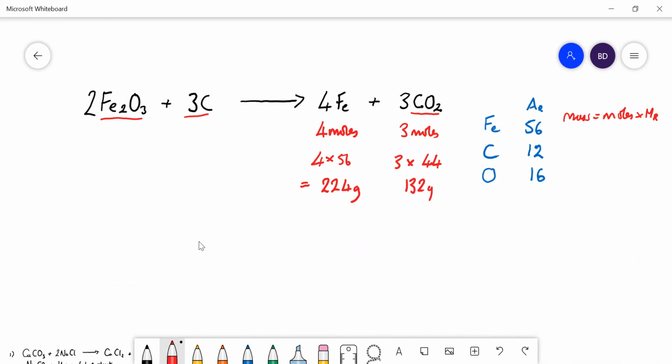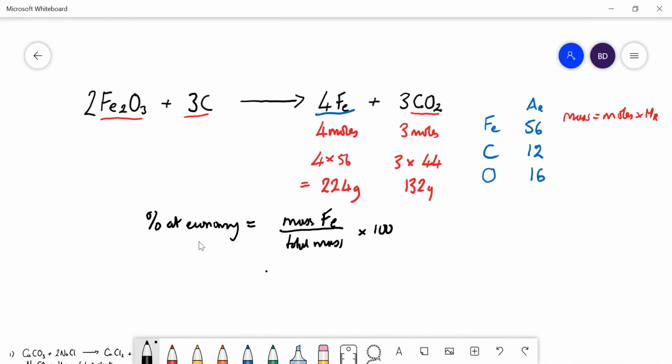Now the useful product here is obviously the iron. So the atom economy is equal to the mass of iron over the total mass of all the products, multiplied by 100. The mass of iron, 224 grams.